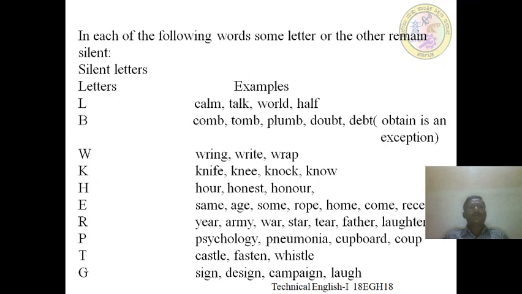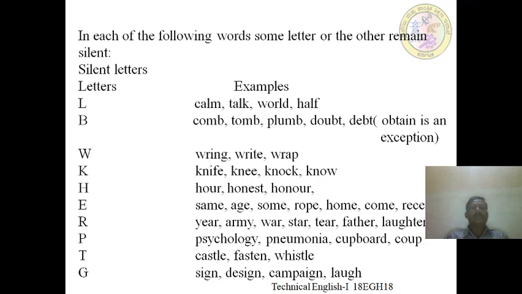Here there are some letters which are silent in the words. In each of the following words, some letter or the other remains silent. Look here, the group of words and the silent letters on the other side. L becomes silent in calm, talk, walk, half.